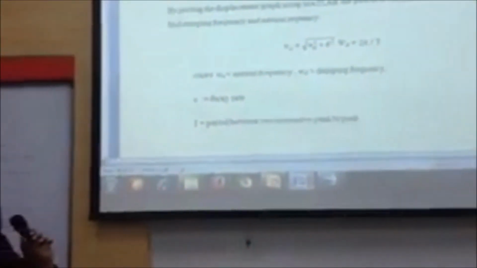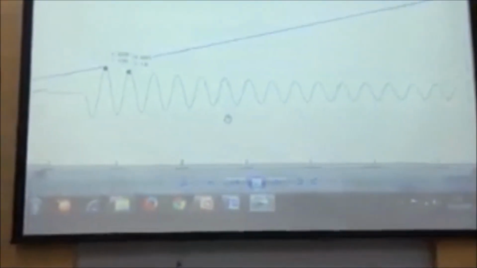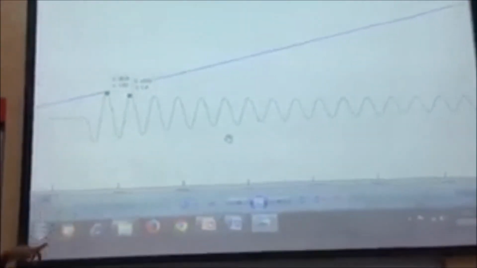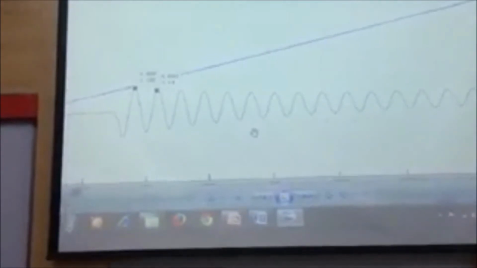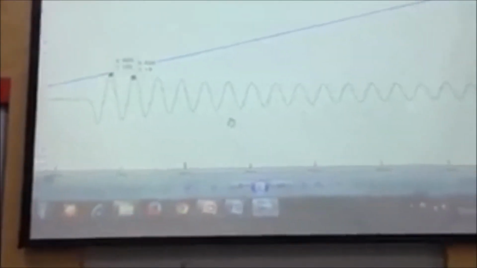Omega d we got from the plotted displacement graph. Using MATLAB software, we take the peak points of this graph and then we get the period T. Omega d is equal to 2 pi over T, and then we substitute omega d into the omega n formula.